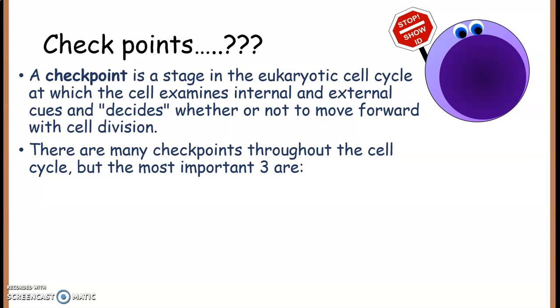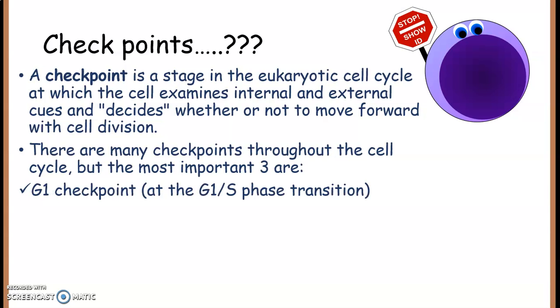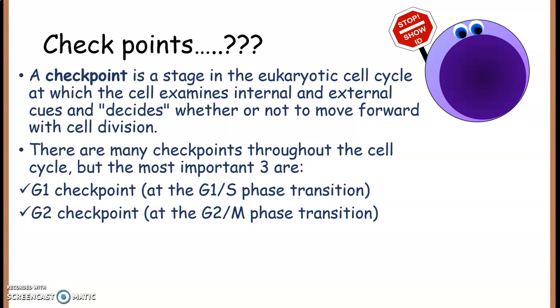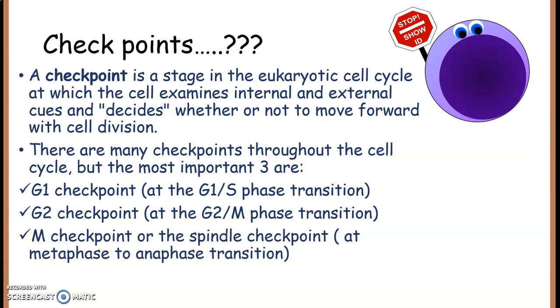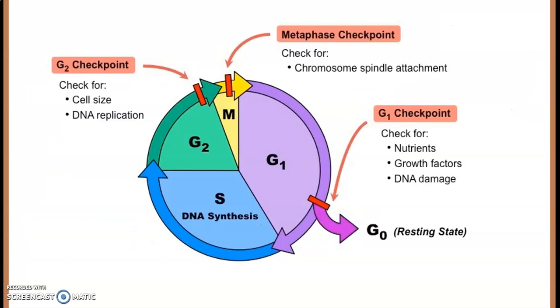We can have various checkpoints within the cell cycle, but the three main ones are the G1 checkpoint, which occurs at the G1 and S phase transition, the G2 checkpoint that occurs at the G2 and M phase transition, and the M checkpoint or the spindle checkpoint that occurs at the metaphase to anaphase transition. So this is where the checkpoints are located.